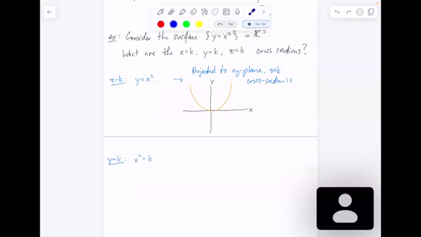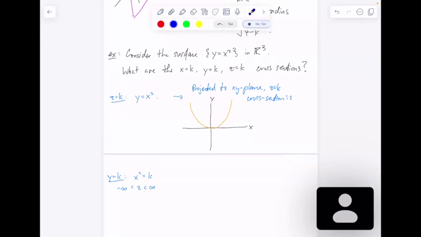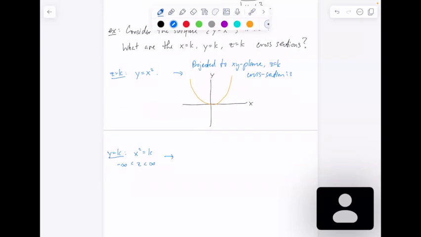As soon as k is non-negative, then you get pairs of solutions, right? x is equal to plus or minus root k. And z is completely free to move, right? z is between minus infinity and infinity, because there's absolutely no restriction on what z is to satisfy this equation here.